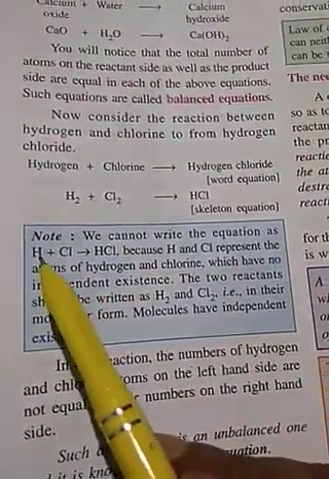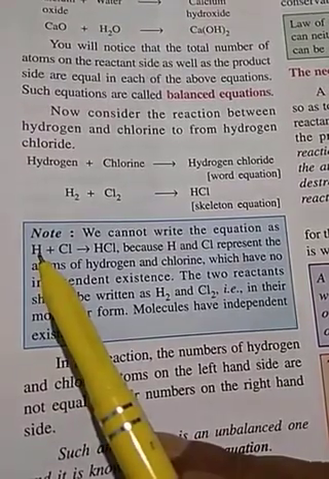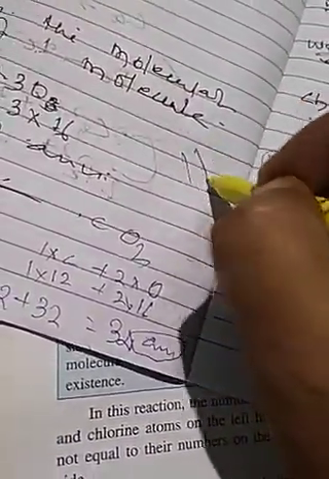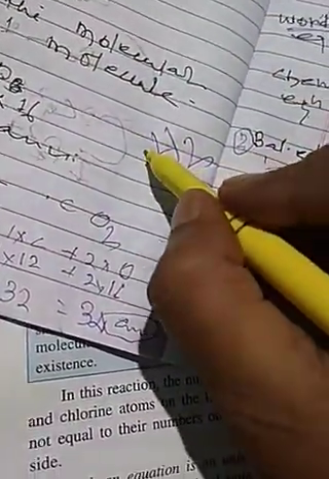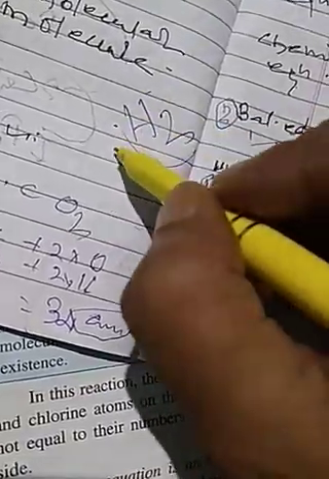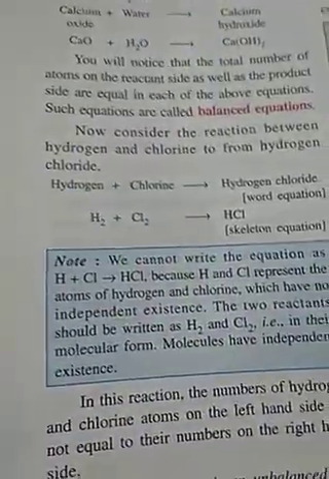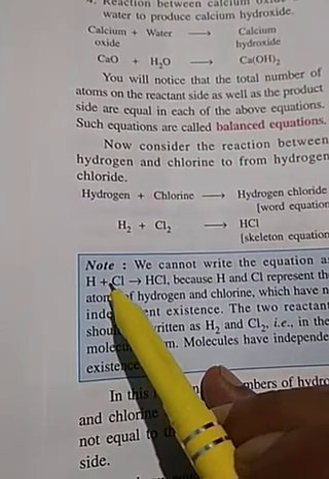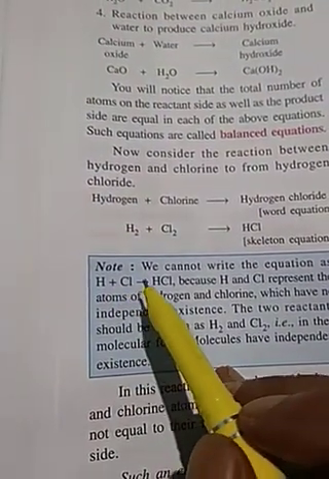Just now I told you this represents one atom of hydrogen, but this one represents one molecule of hydrogen which contains two atoms. So in chemical reactions we cannot write like this because atoms do not exist in an independent state.